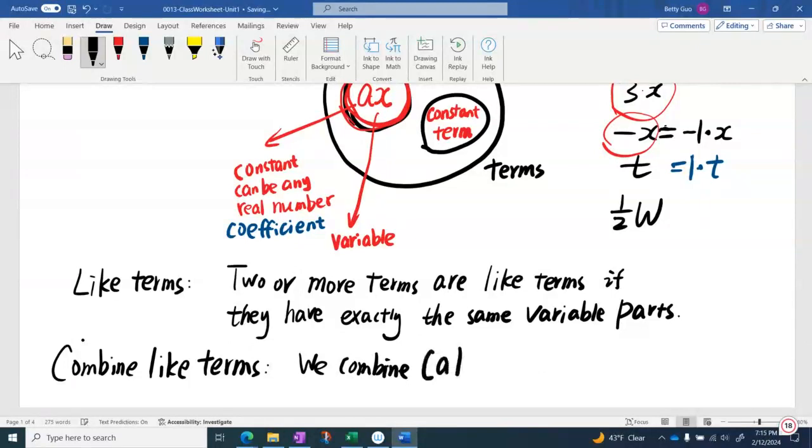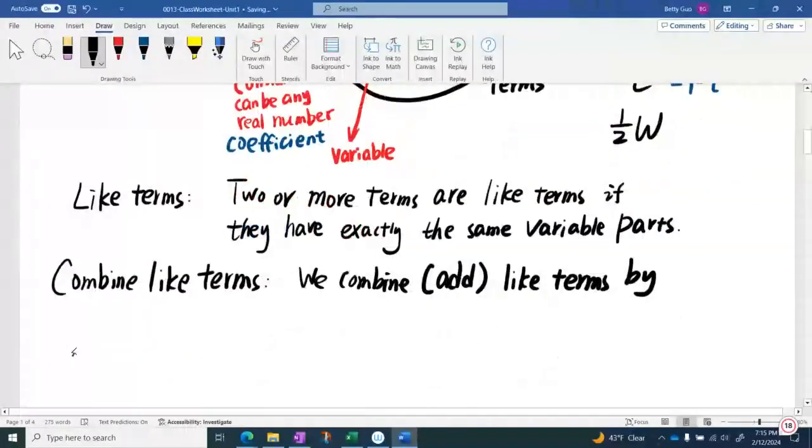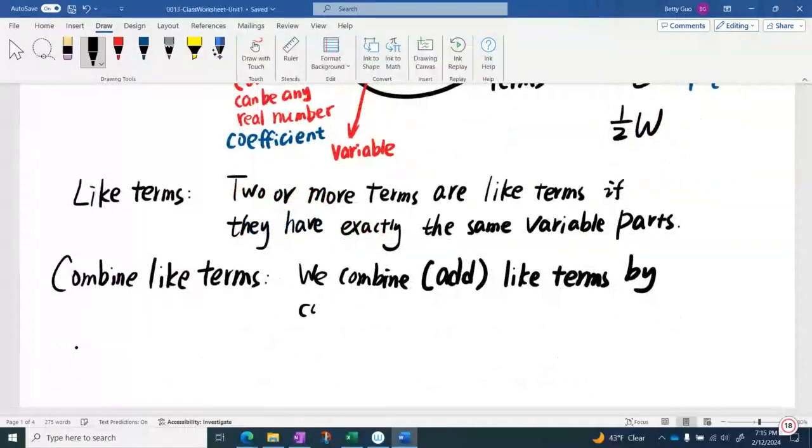Combine here actually means add, okay? Take the sum. We combine like terms by combining, and here means adding, their coefficients.